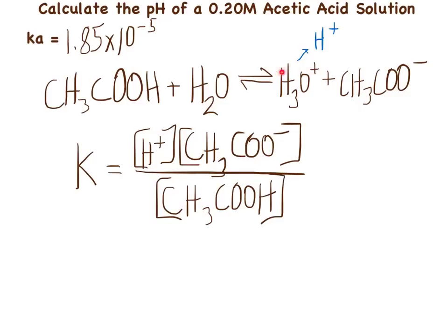As you can see, I didn't use the hydronium ion, I used the H+, but you can interchange them. When we do this, the equilibrium constant is the same thing as Ka, and that was given. If it's not given, you should probably look it up.